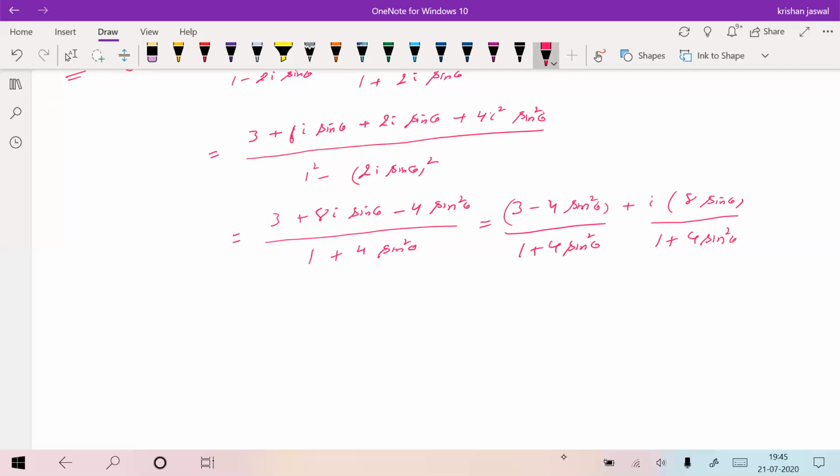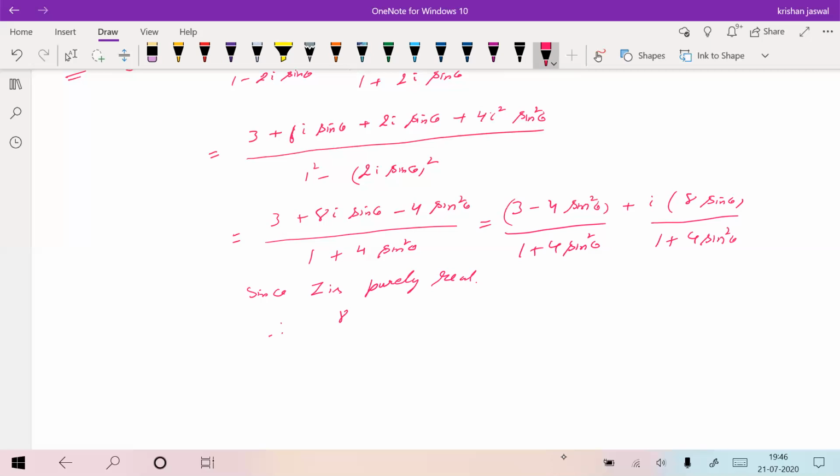Since z is purely real, it will be purely real when the imaginary part is 0. Therefore the value of b will be 0.